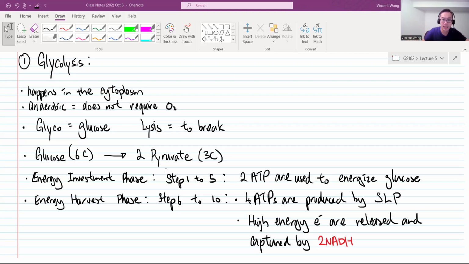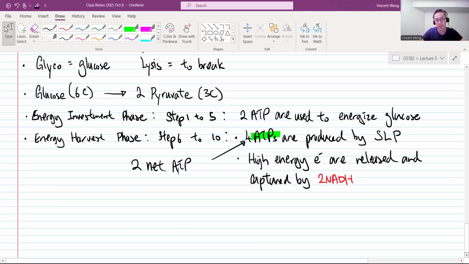So even if you produce 4, that is actually 2 net ATP. 4 is called gross. Gross is before you subtract your expense, like your gross income, before tax and everything. So 2 net ATP. And we have NADH, which we know is going to be used to produce ATP, right?